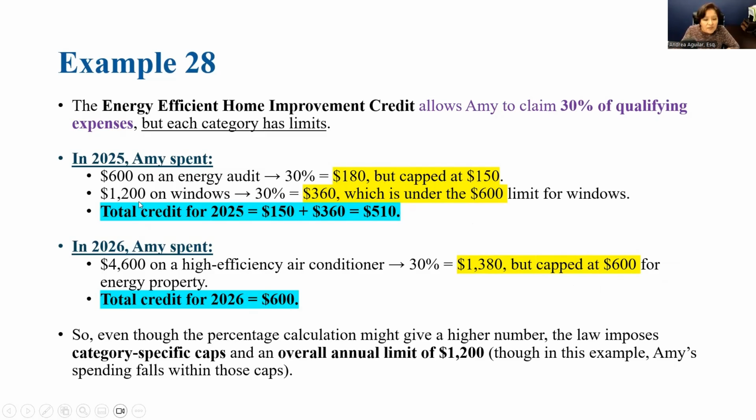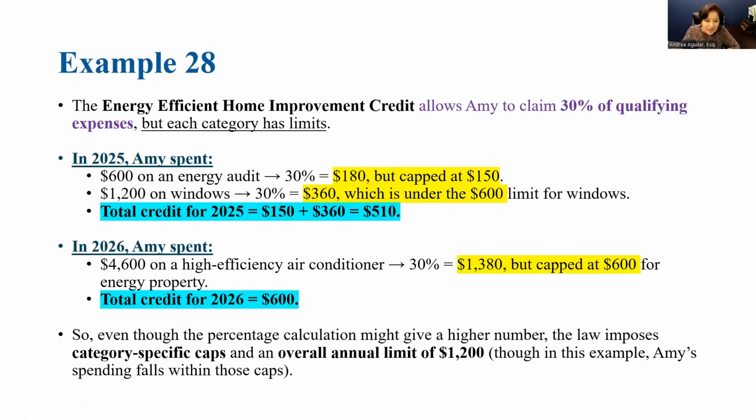Then she spent $1,200 on windows. 30% of that amount is $360, which is under the $600 cap. Okay, so she will qualify for $360 because that is the 30% of the expense amount. The total credit for 2025 would be $150 for the energy audit plus $360, and that gives you $510.